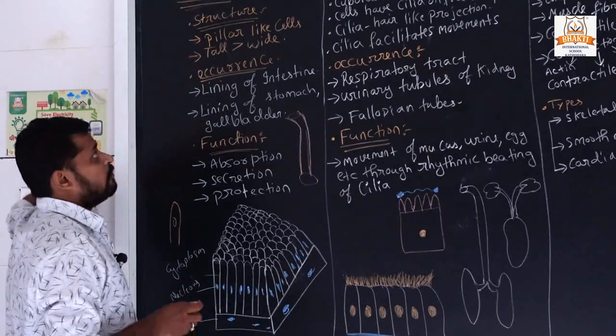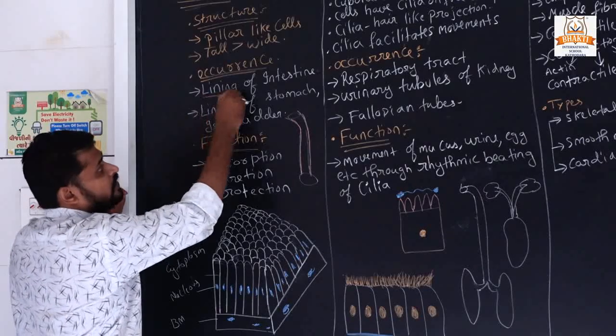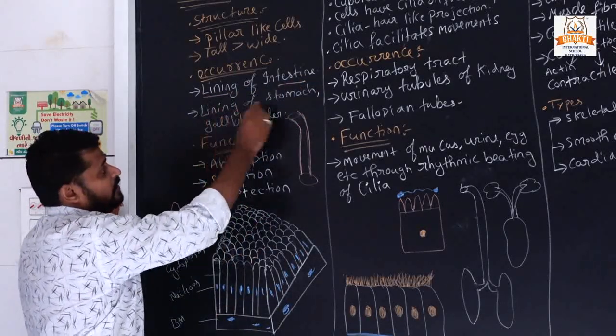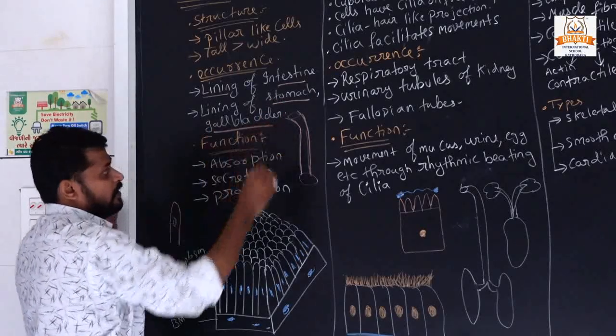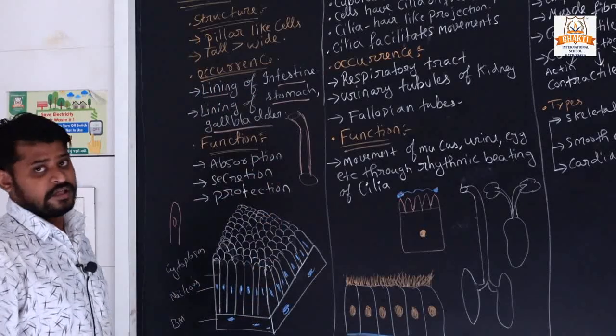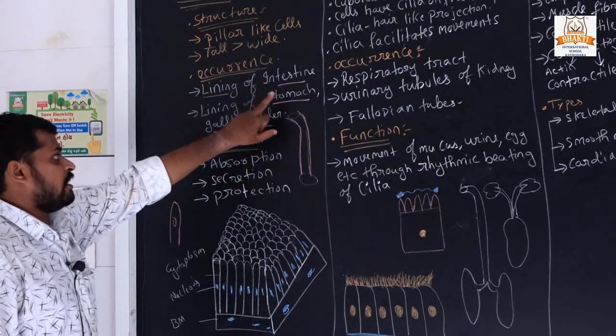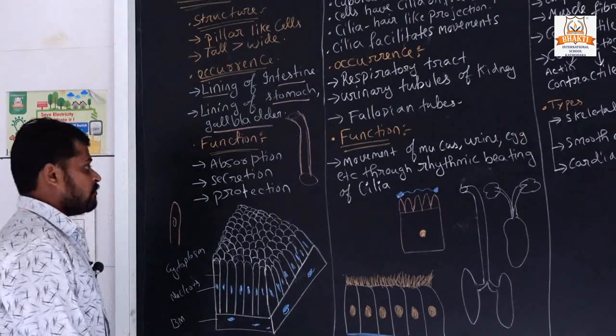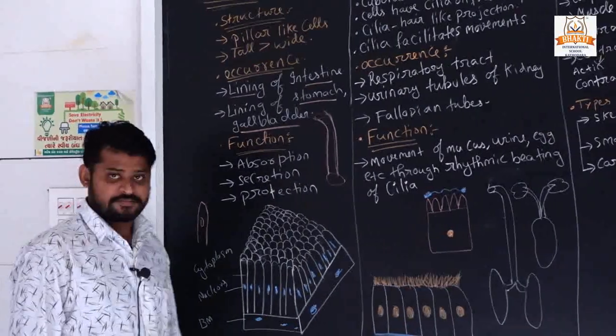So columnar epithelial tissues are present in the lining of the intestine. They are also present in the stomach and gallbladder in our body. What is the function? Absorption, secretion and protection.